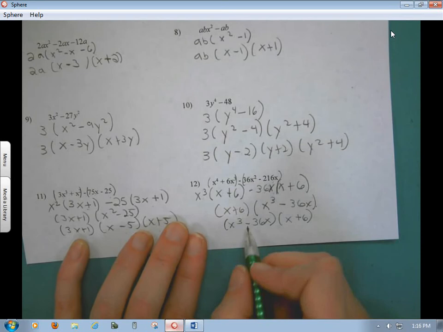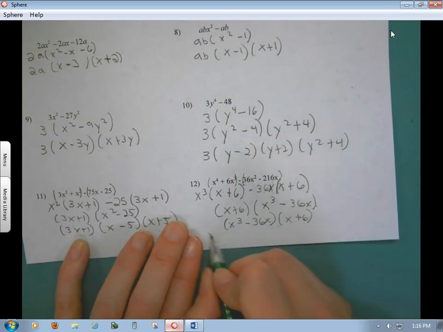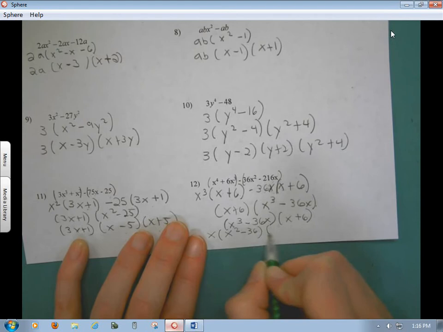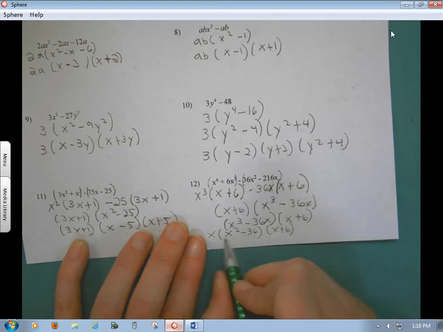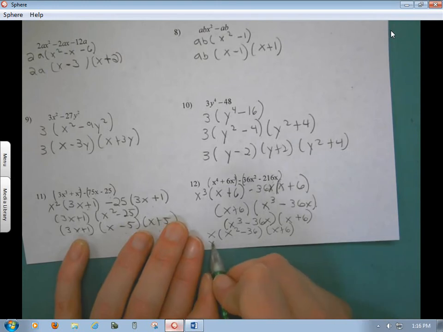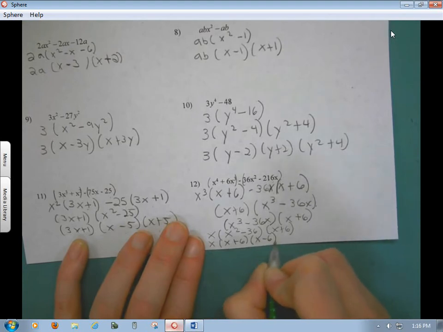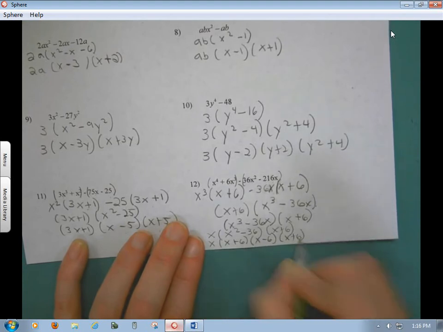Okay, so now I'm going to pull an x out of this. So I have x times x squared minus 36. Then I have difference of 2 squares. Maybe I can fit it. x plus 6, x minus 6, x plus 6.